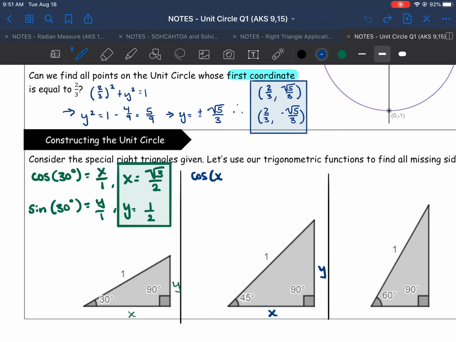The cosine of 45 degrees would be equal to the adjacent leg x divided by 1. If you get the exact answer for that decimal, that would tell us that x is square root of 2 divided by 2. And if we took the sine of 45 degrees, that would be the opposite leg y divided by the hypotenuse 1, which would also be the square root of 2 divided by 2.